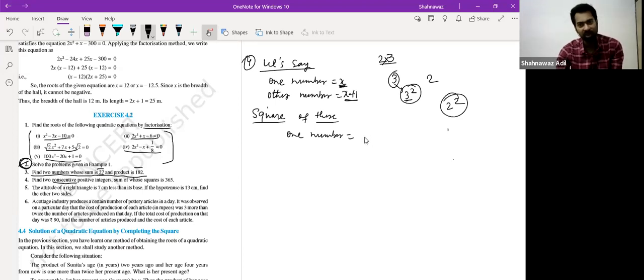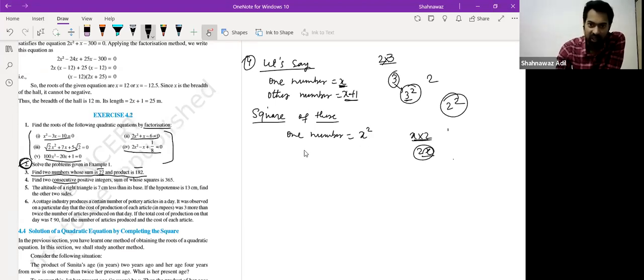X into 2 is double. What would the square be? X square, x power 2, not x into 2. If we double the number, then it would be 2x. So this is x square.